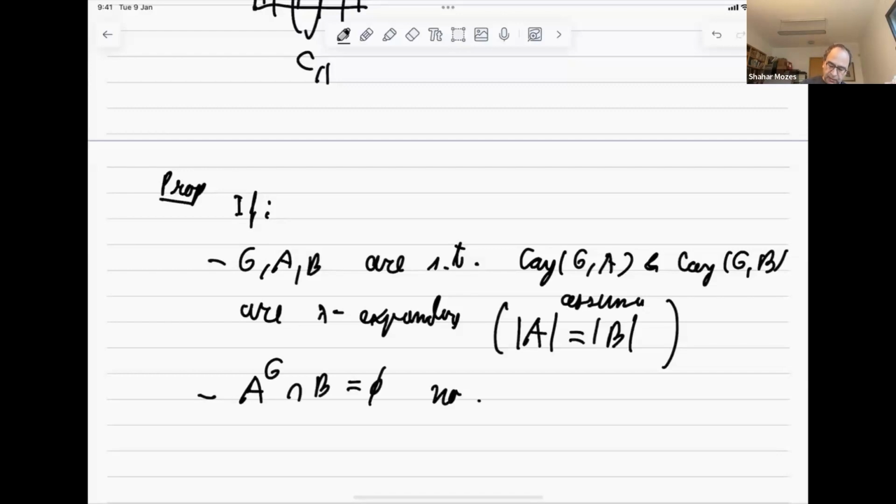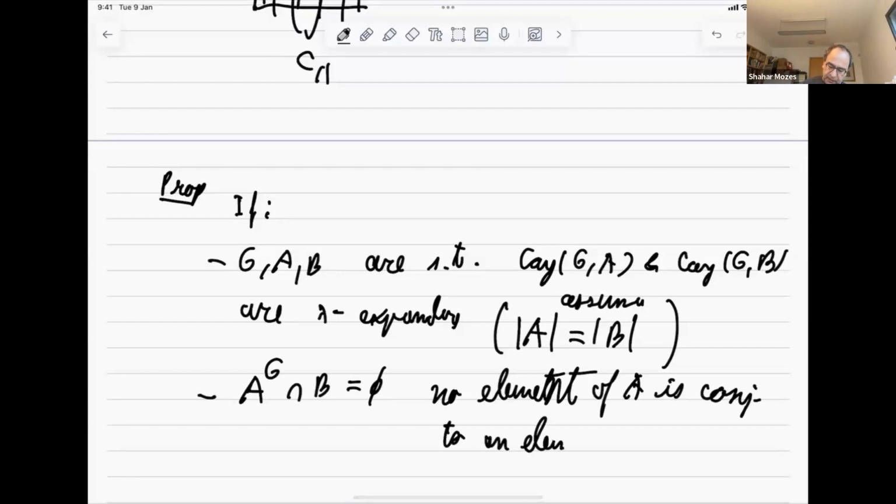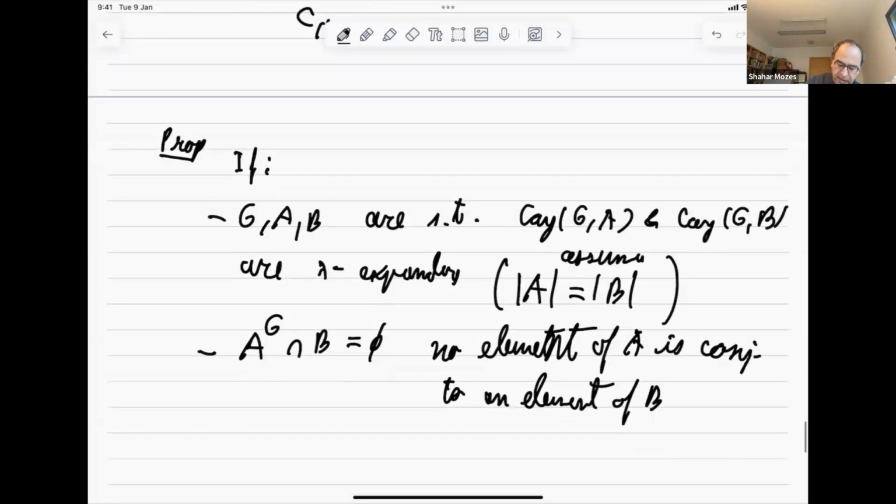So no element of A is conjugate to an element of B. I just translated this: the square complex defined has no edges which are identified even though they shouldn't be identified. You don't want that, otherwise you'll have what we call horizontal edges and vertical edges that could coincide. If you assume this prevents this, and you need the codes.